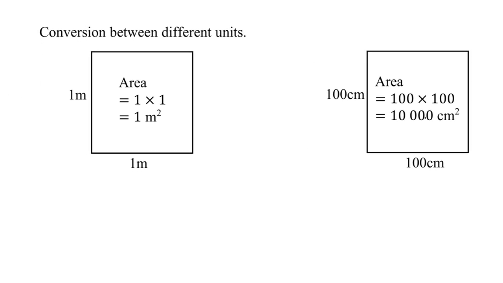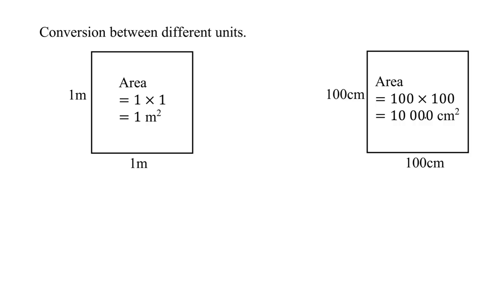If I have 1 meter by 1 meter square, the area of this square will be 1 meter square, right? 1 times 1. But if I convert the 1 meter to 100 cm, and I multiply 100 times 100, that would give me 10,000 cm square.